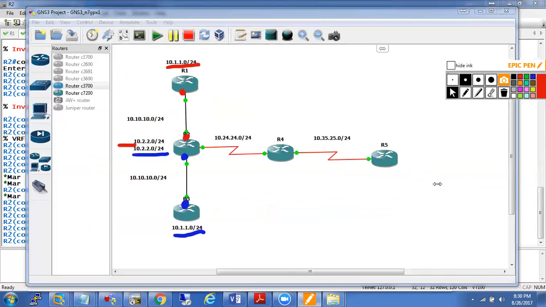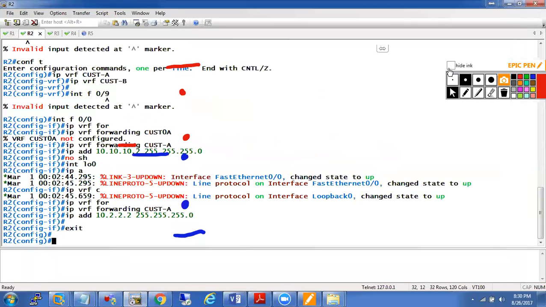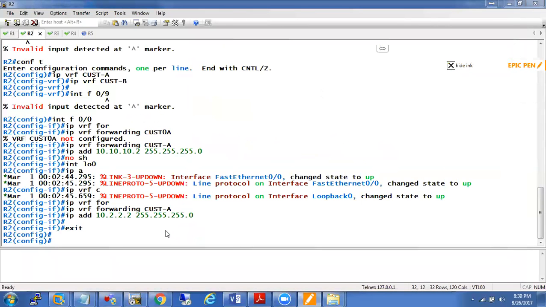Why not, Raza? Have to put the route in VRF cost A. Correct. So what I need to do is I need to create a route on R2 towards R1.